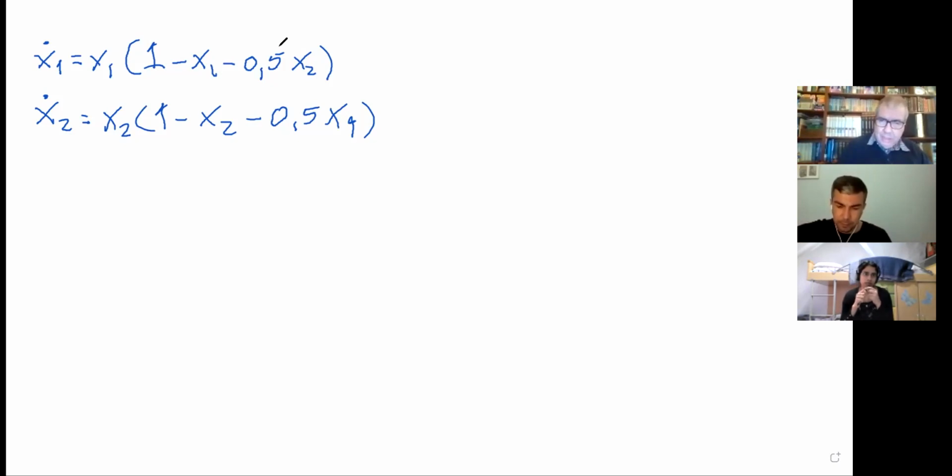Then x1 dot would be equal to x1 minus x1 square, or x1 times 1 minus x1, which is something that you know in a more familiar way. That equation is the famous logistic equation of growth with a limited value that we have studied.